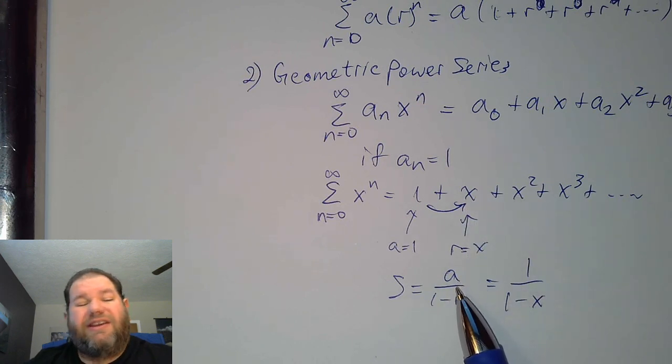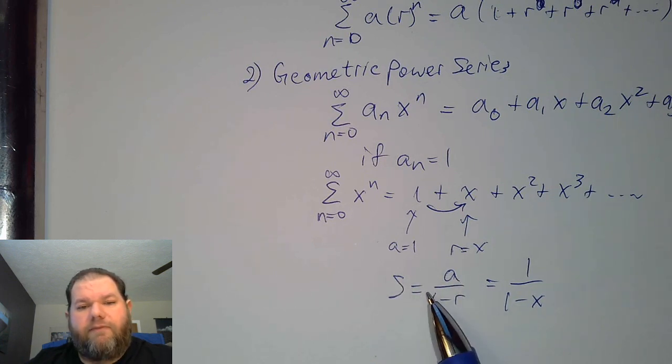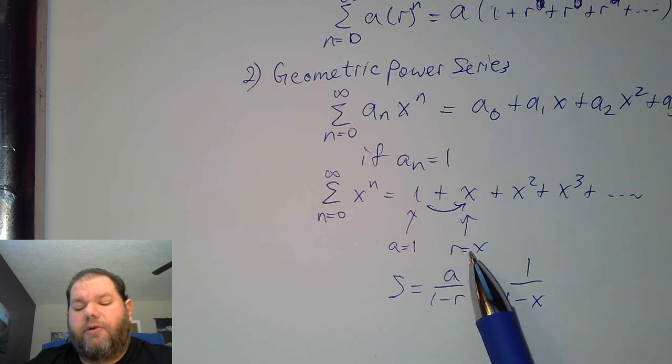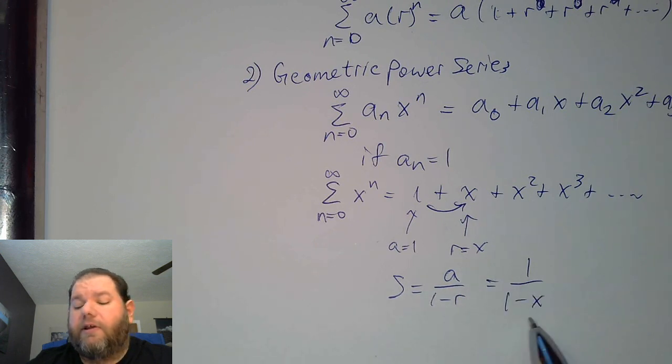So under the conditions of a geometric series, the sum being the first term a divided by 1 minus the ratio r, which is x in this case, our first term is 1 and our ratio is x, so it's 1 over 1 minus x.